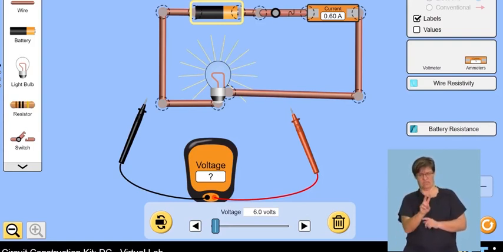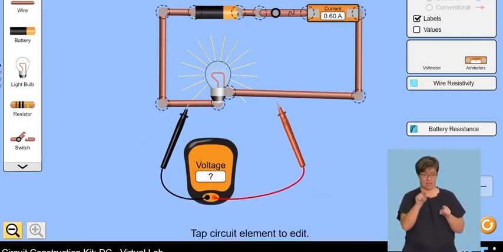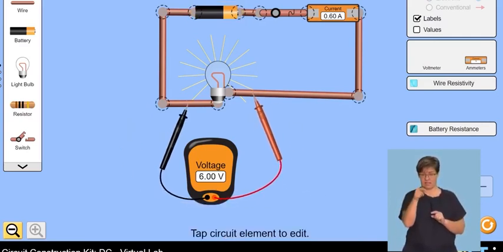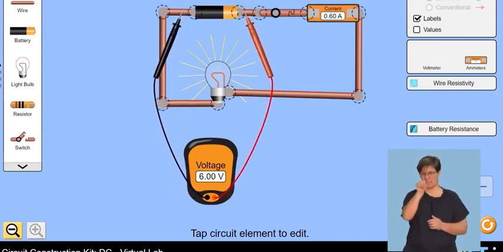You can immediately see that the current has also increased from 0.3 to 0.6, and that in turn has affected the brightness of the bulb. The bulb is now glowing much brighter. If we measure the voltage across the bulb, it gives us 6 volts, which corresponds to a current of 0.6 amperes. This voltage is the same as that across the source, which is 6 volts.